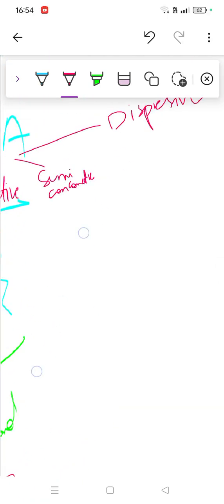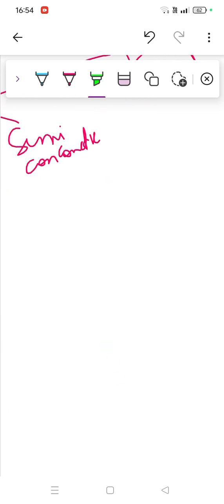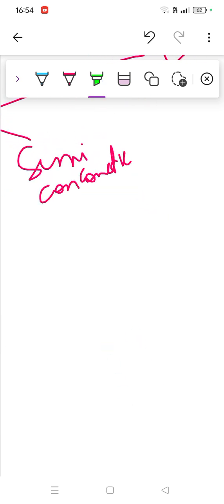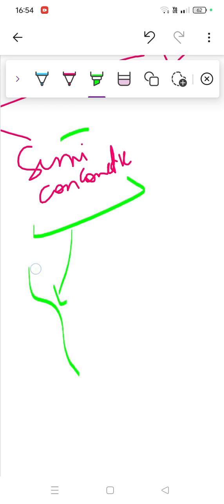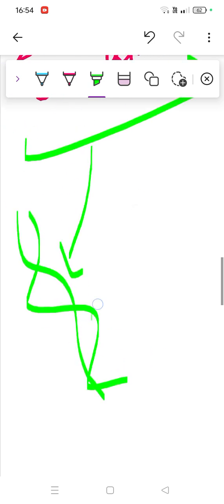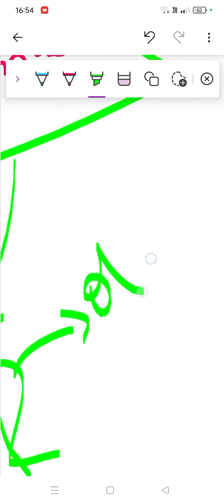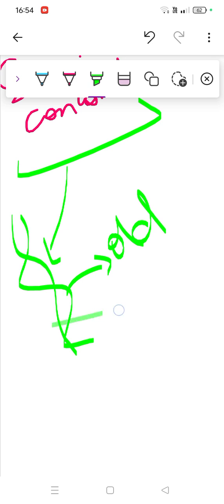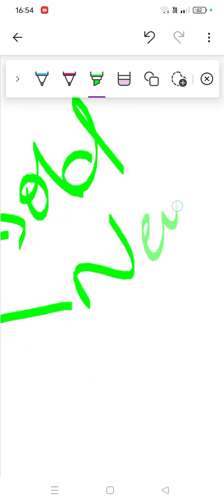When we talk about semi-conservative, let's give an example: semi means half. Of course we need a double helix, which means we need two strands. The first one would be old, taken from the parental, and the second one is called new. How is that?